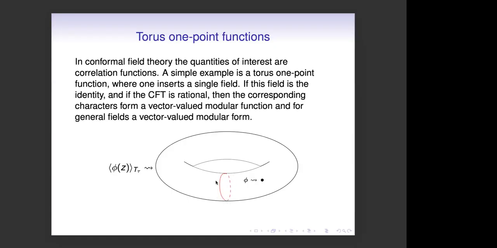Here the red cycle is the A cycle of the torus, and if you insert a field and transport it in a well-described way along this circle, thinking of the one-point function as a limit of a torus two-point function corresponding to a fixed module, transporting it once around the circle and then taking a coincident limit, your one-point function gets transformed into the S-transformed one.